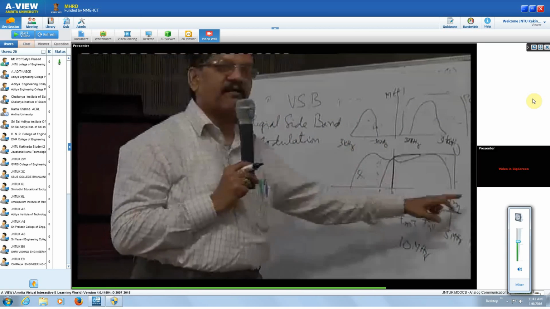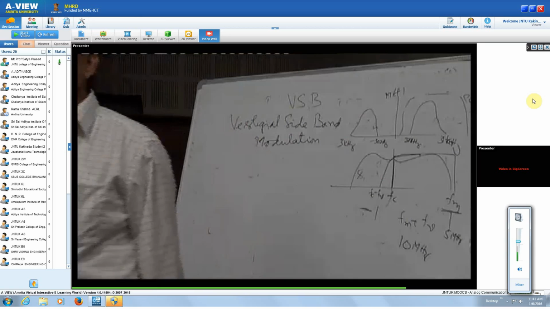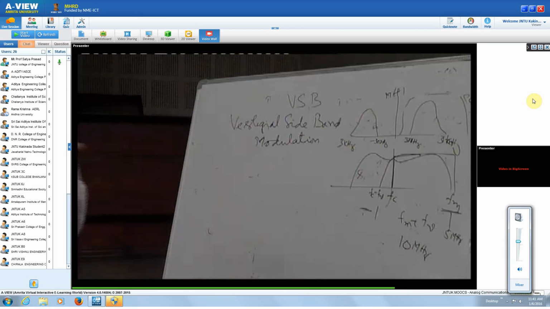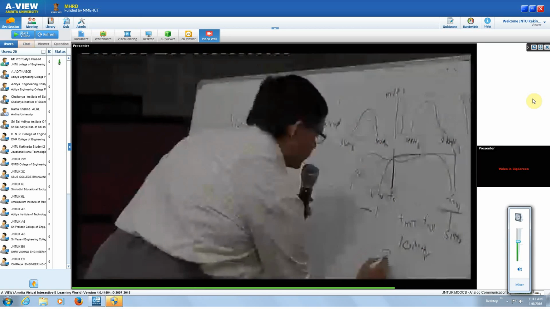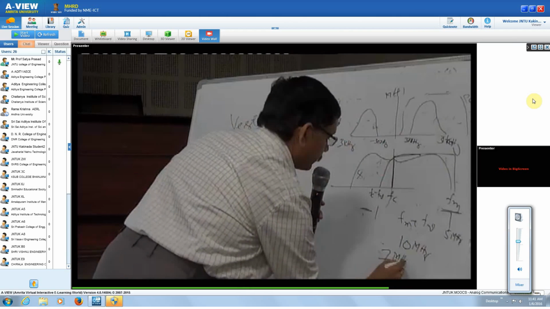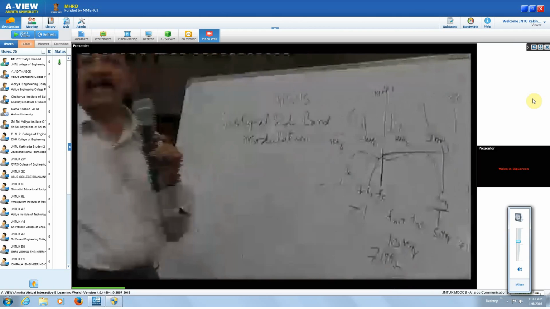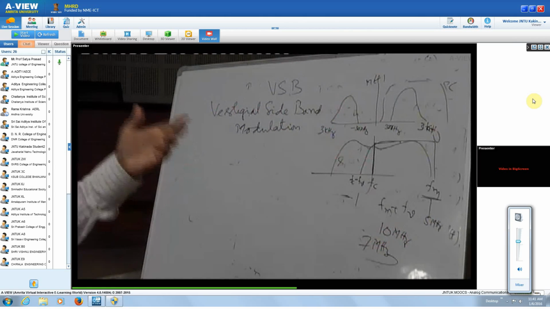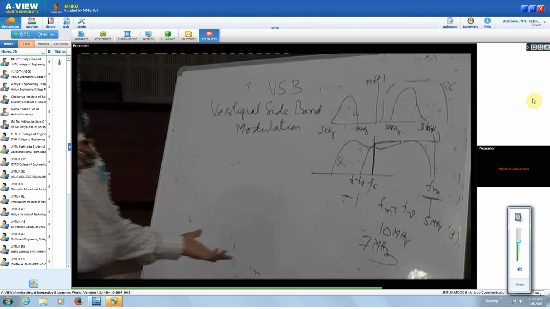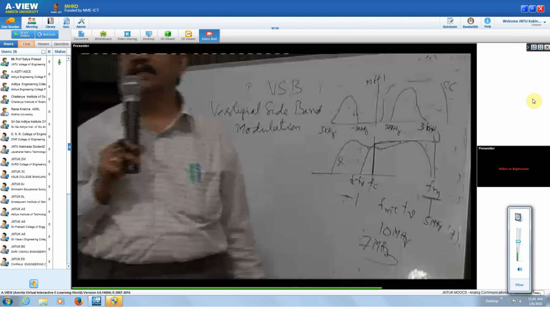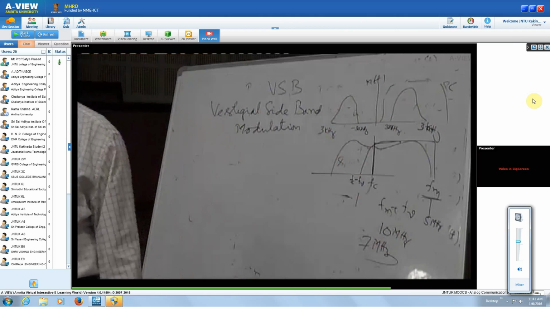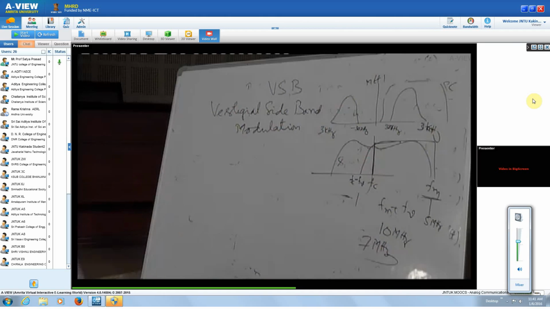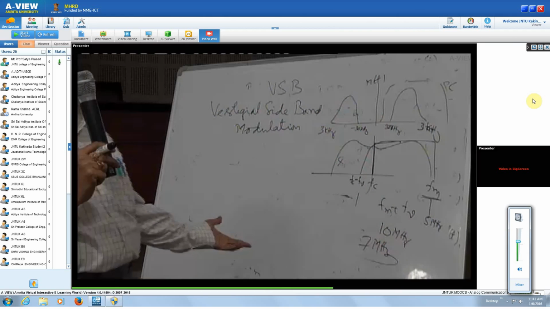Whereas by going for this vestigial sideband modulation, we are going to reduce this to 7 megahertz. So our CCIR standards will be allowing only 7 megahertz instead of 10 megahertz. So a 3 megahertz reduction, or saving, we are going to have in the bandwidth of each channel.